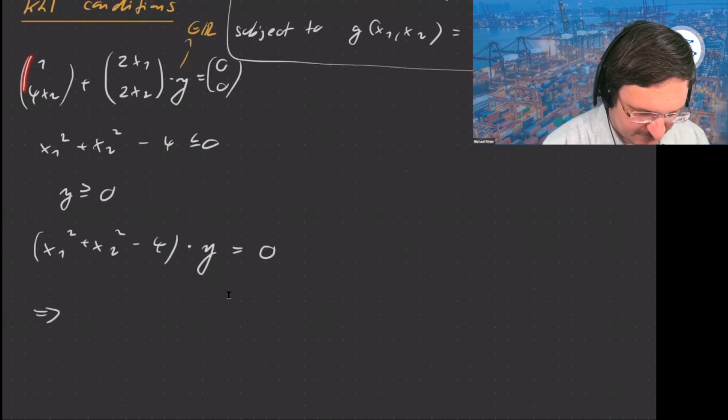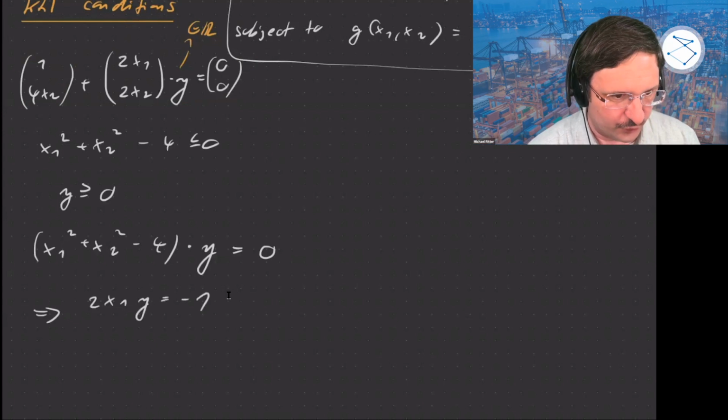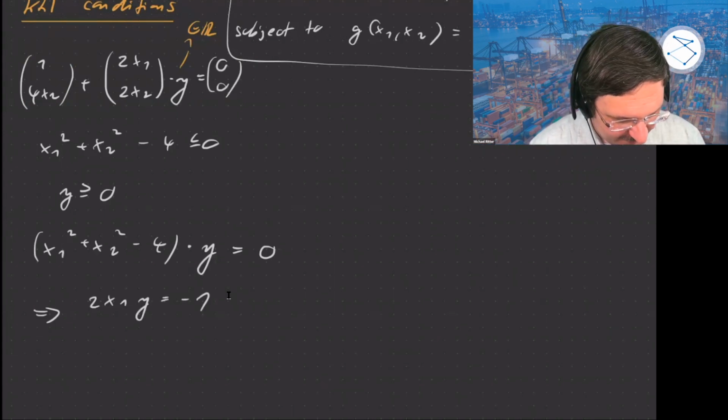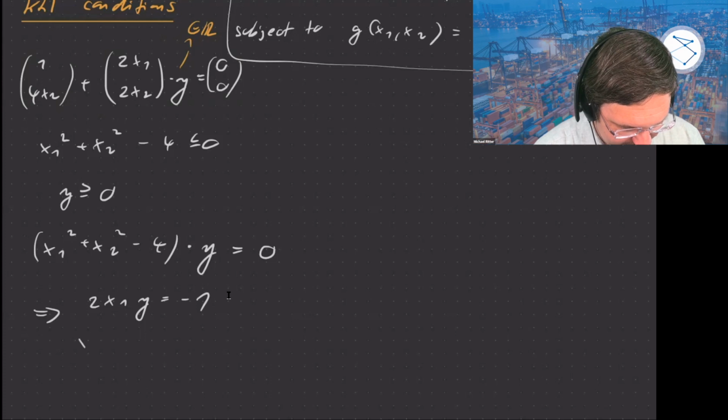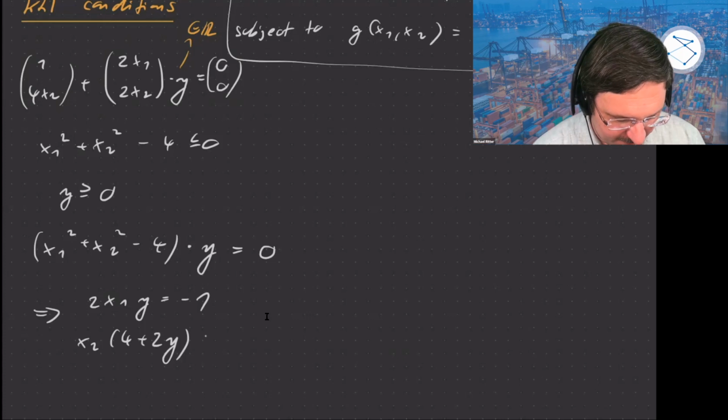Those first two rows here will give us, let's say, 2x1 y equals -1. That's the first line here. And the second one would be, let's say that's an x2 here, we get 4 plus 2y equals 0, right?